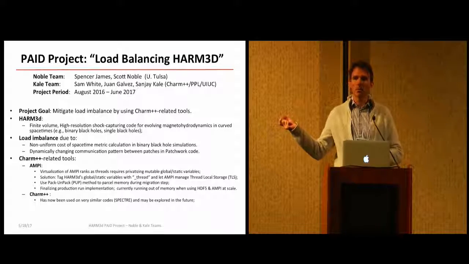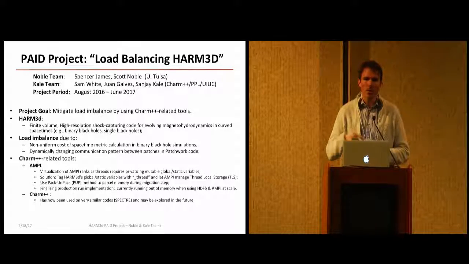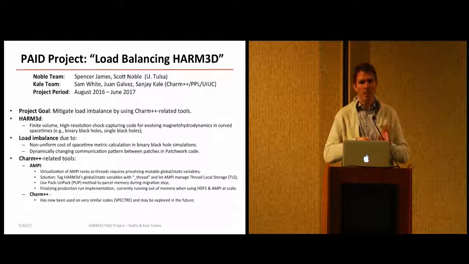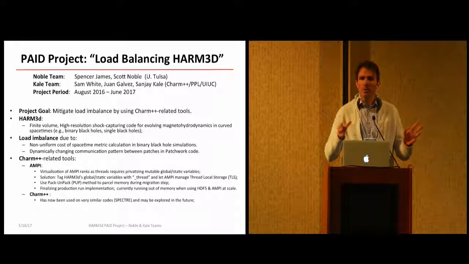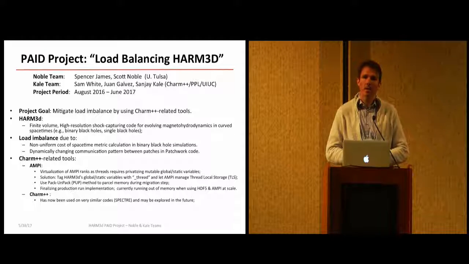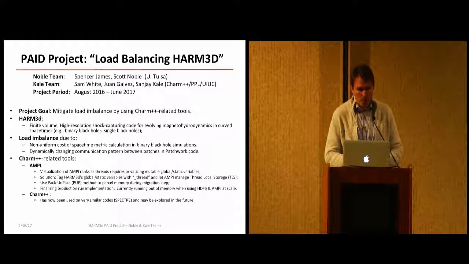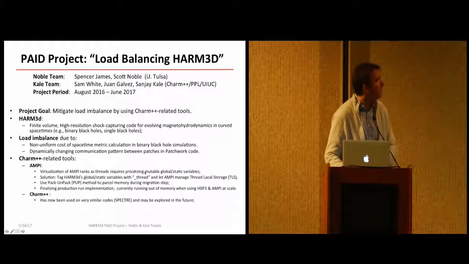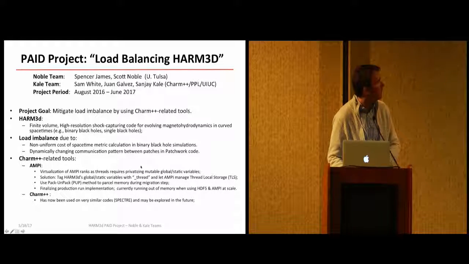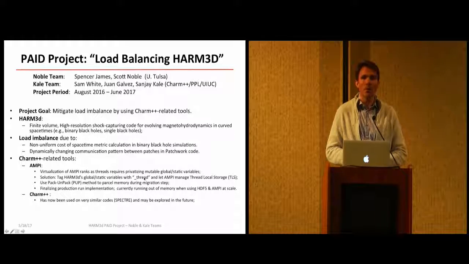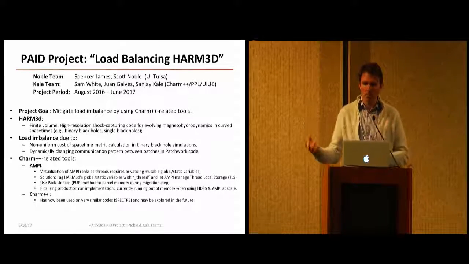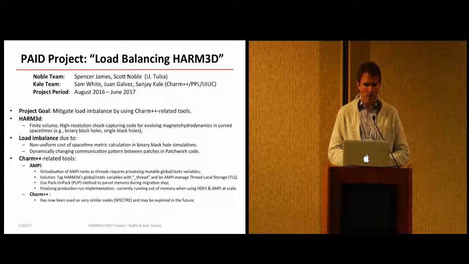Pretty much you plop in calls to AMPI routines, and then maybe label some variables that are dynamic using these thread directives, if it's a mutable global object. And that allows you to use the load balancer right away.